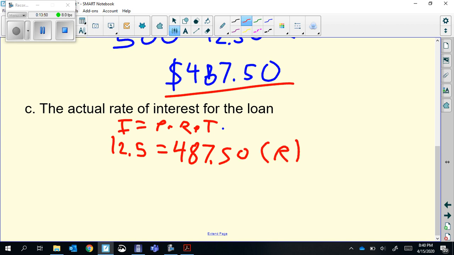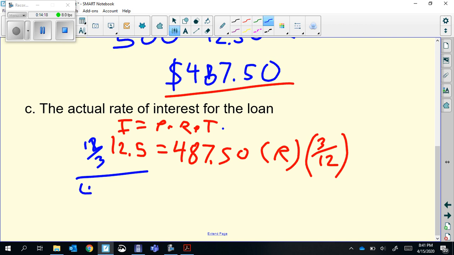To find the actual rate, and times time, we had 3/12. It was 3 months. So same thing we've done to solve these before. Multiply by 12 over 3. Twelve divided by 3 is only 4, so that's really what we're multiplying there.